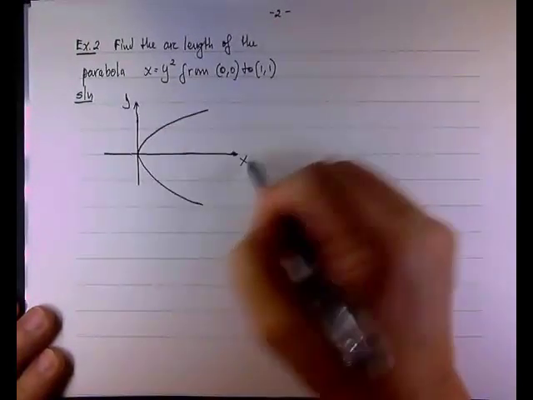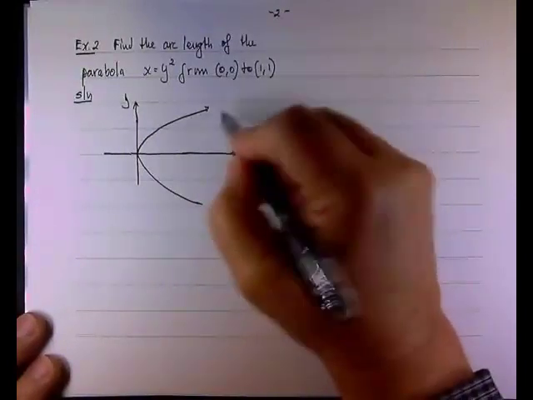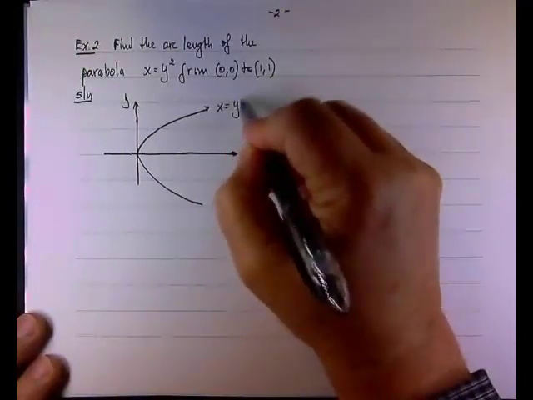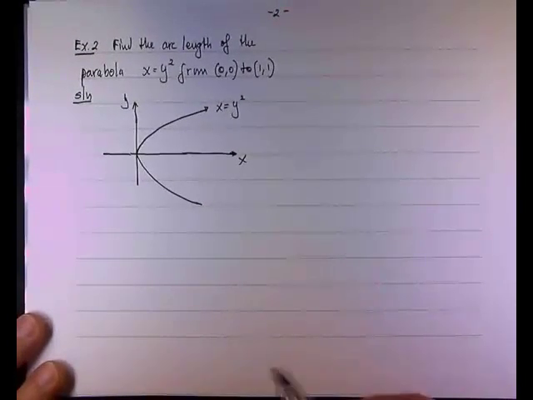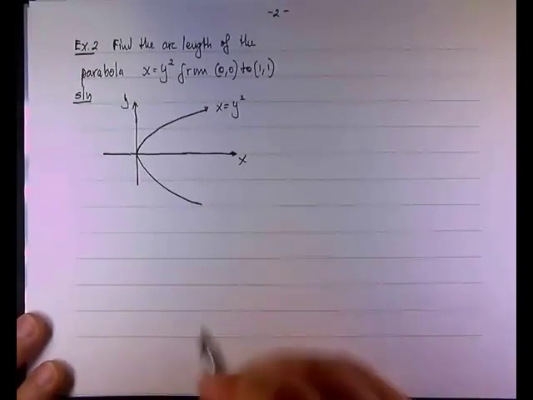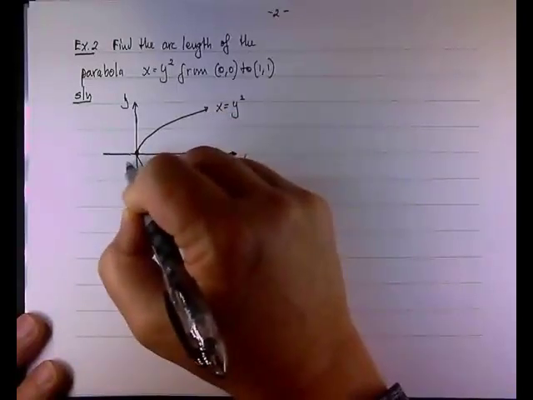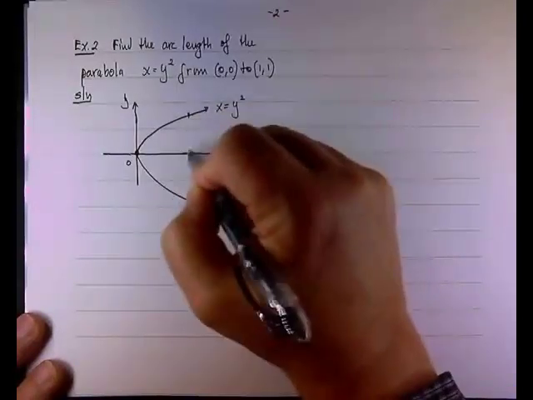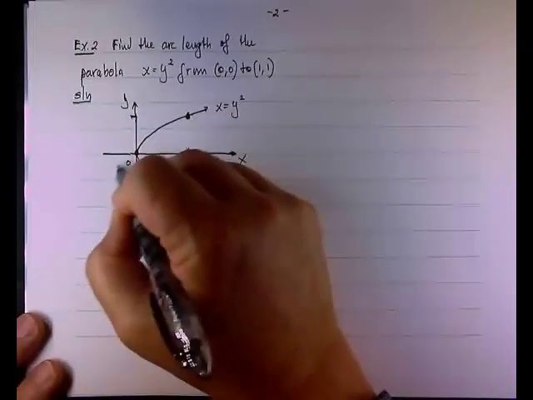And you can tell that y is not a function of x, as we failed the vertical line test, but in this case x is a function of y. In any event, it won't be a one-to-one function, and we go from 0 to 1, like so.